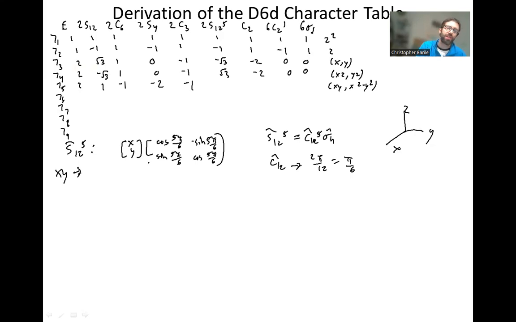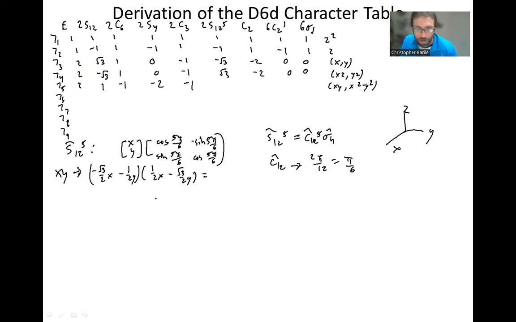X goes as cosine 5 pi over 6 times x. Cosine 5 pi over 6 is going to be equal to negative root 3 over 2, so negative root 3 over 2 x, and then the sine of that's 1/2, but we have a negative sign here. And then y is going to be 1/2 x and a negative root 3 over 2 y.